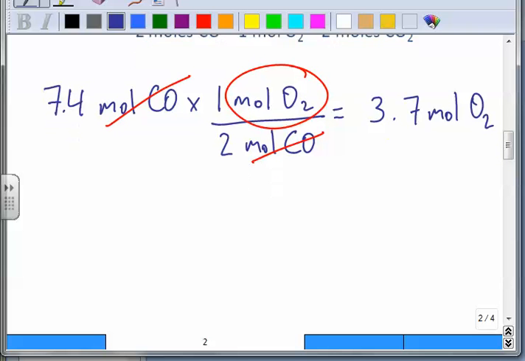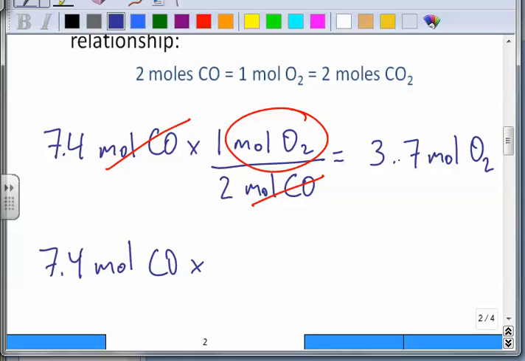Okay, so to calculate, again, the moles of carbon dioxide that we expect to get from 7.4 moles of carbon monoxide, we are going to take this relationship, again, starting with 7.4 moles of CO. Now we're going to see from our relationship that we get 2 moles of CO2 for every 2 moles of carbon monoxide that reacts.